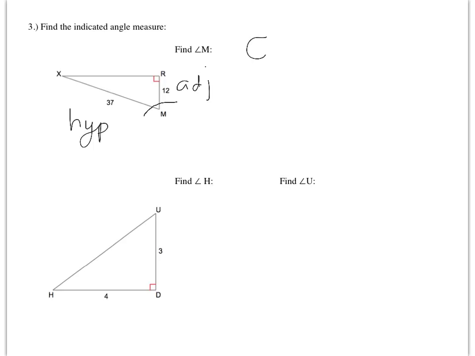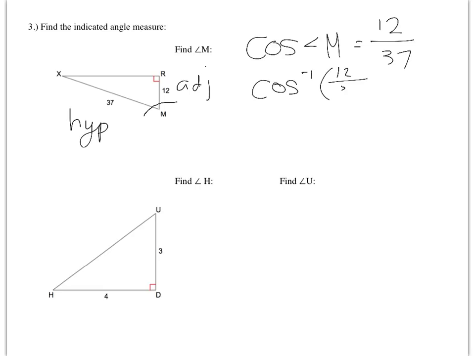So we set it up as the cosine of angle M is equal to the adjacent, which is 12 over 37. So on your calculator or on Desmos, we want the inverse cosine function. So we have cosine to the -1 of the fraction 12/37.